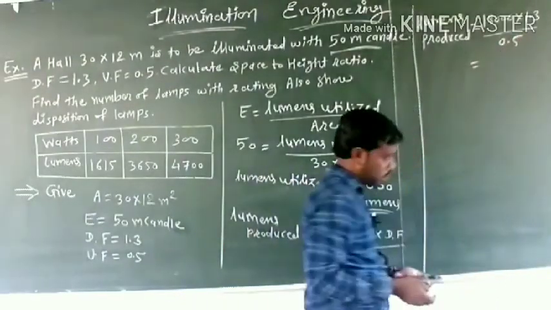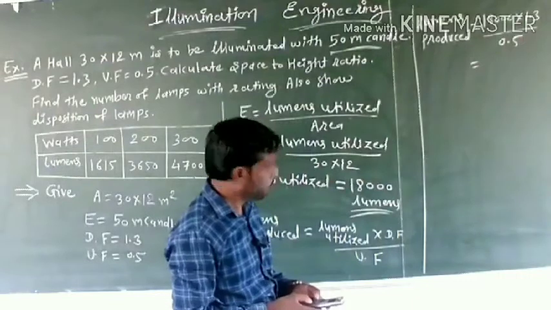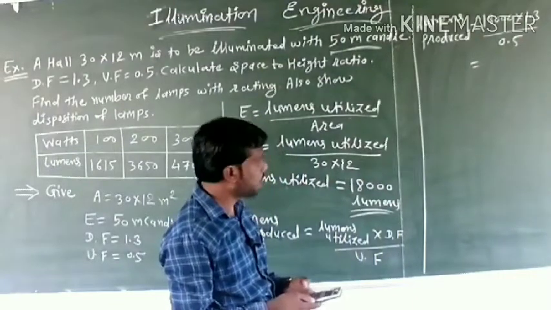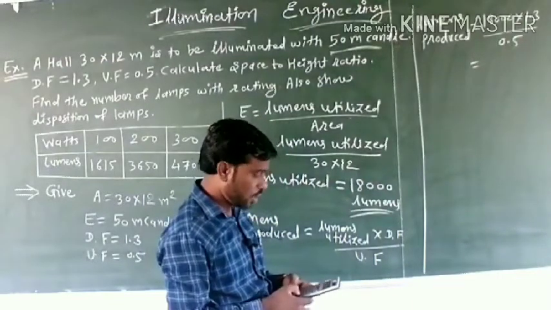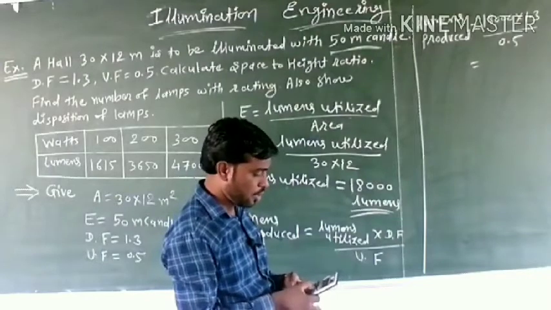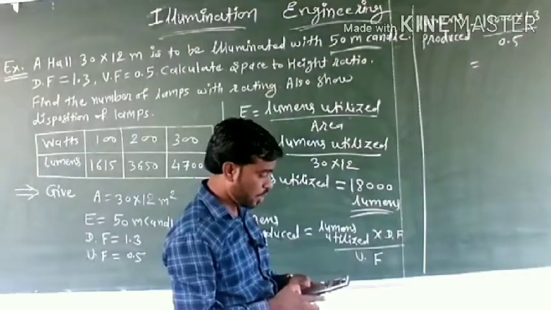After solving, we get 18,000 into 1.3 upon 0.5.